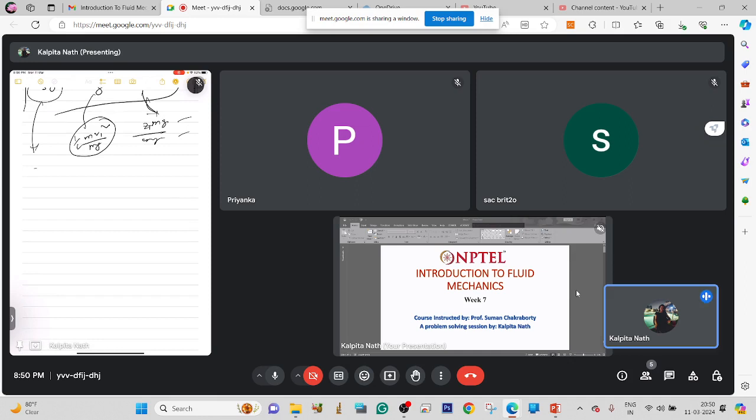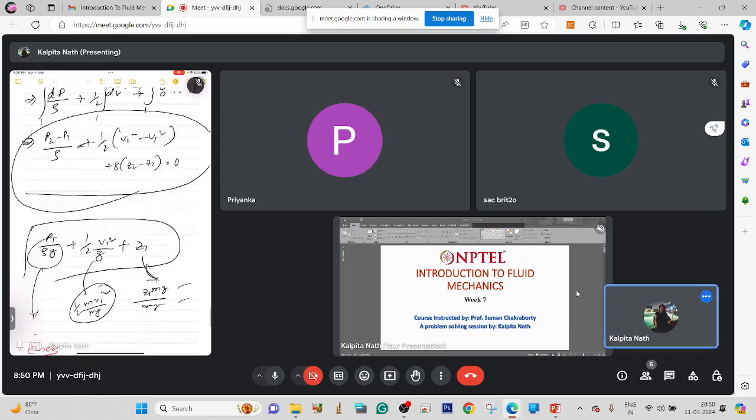Now, this is the case 1 that we talked about. Second case, or example 2, is inviscid along a streamline, but it is unsteady. Then we again write the Euler equation: dp upon rho plus half of dv square plus g dz is equal to, this term won't be cancelling out.